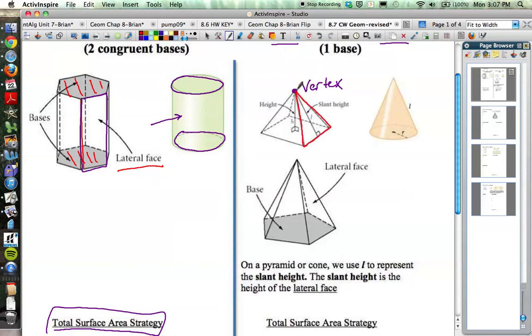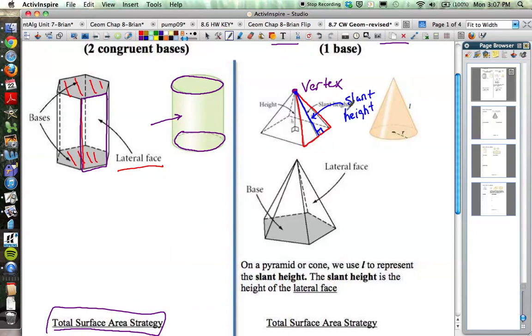So the lateral faces of a pyramid will always be triangles, and a pyramid has something called a slant height, and that is the perpendicular segment from the vertex to the base, and it's always going to be perpendicular, 90 degrees, and this piece right here, again, is called the slant height. So it's not the actual height of the pyramid, but kind of the slanted height of the pyramid.